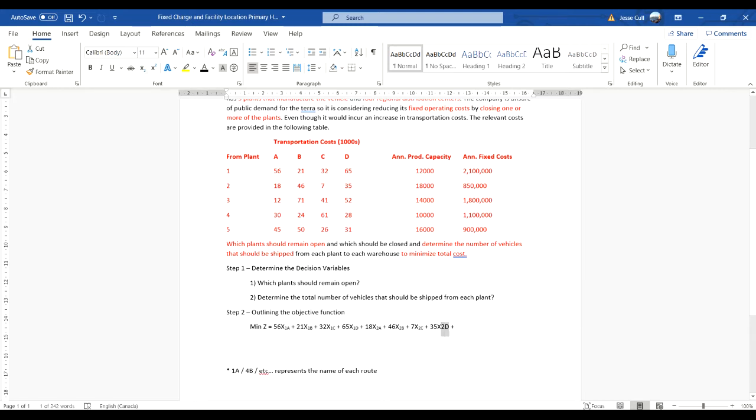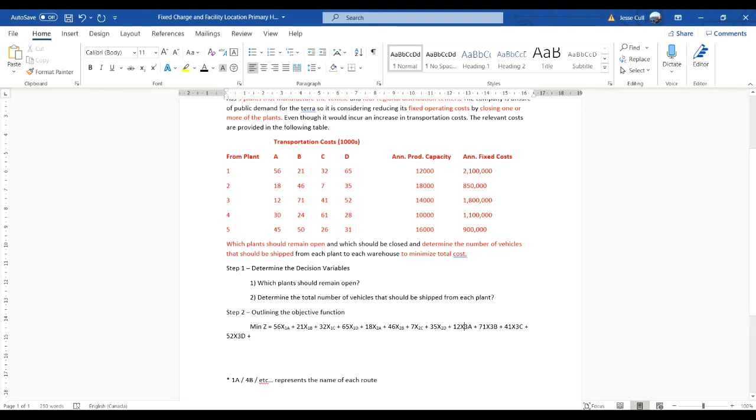We'll minimize our totals of each route, and we'll continue on to plant number 3. So we have 12x3a plus 71x3b plus 41x3c plus 52x3d plus.